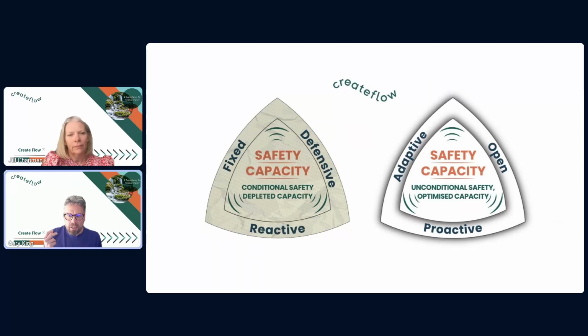Whereas in the Create Flow model, we've got unconditional safety, optimized capacity. Therefore, we are better able to be adaptive with our mindset. We're more open and we are proactive. So we're not just waiting for things to happen.